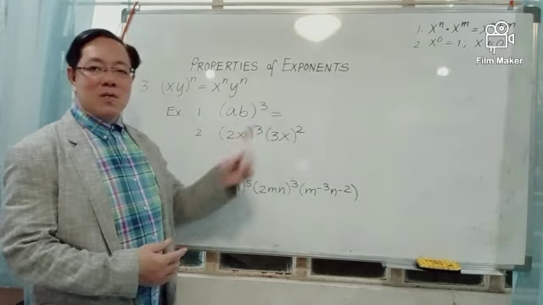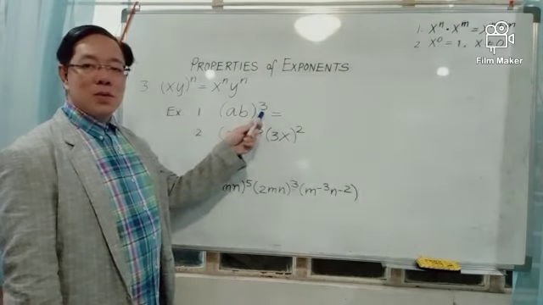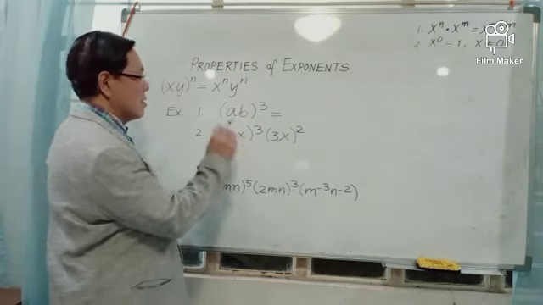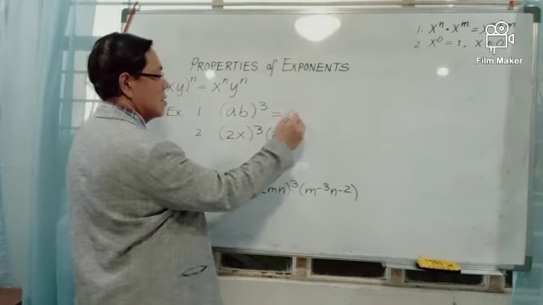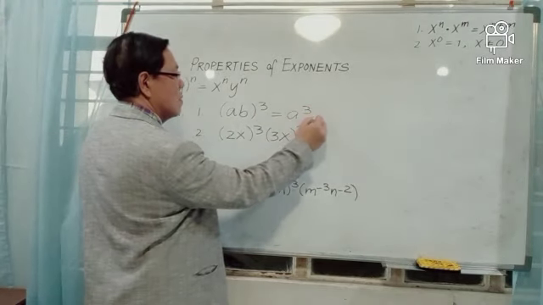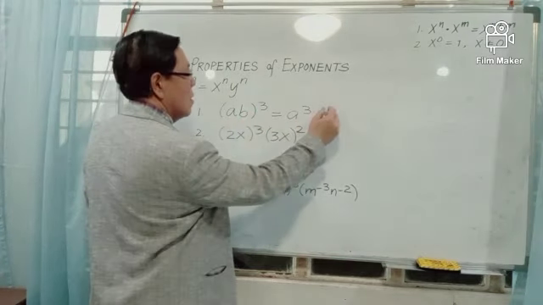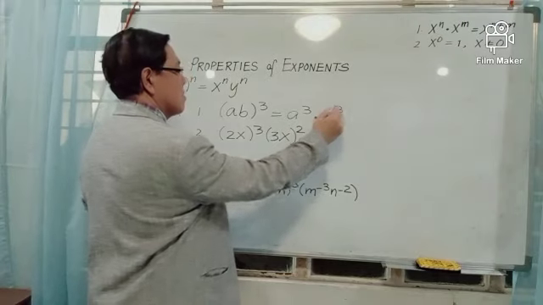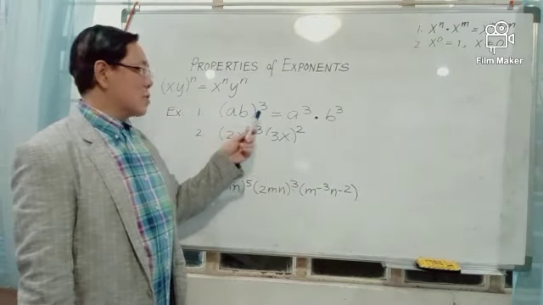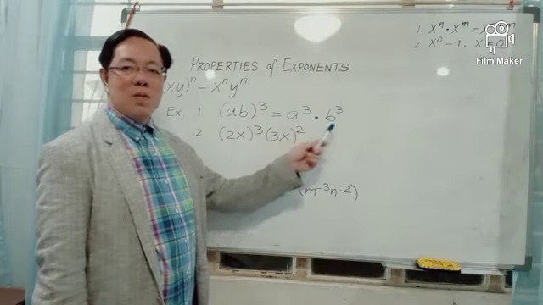Hence, ab raised to 3 is equal to a to the power 3 multiplied by b to the power 3. The variables a and b are raised to the same exponent 3 and they are multiplied.